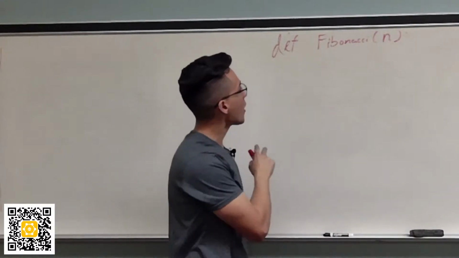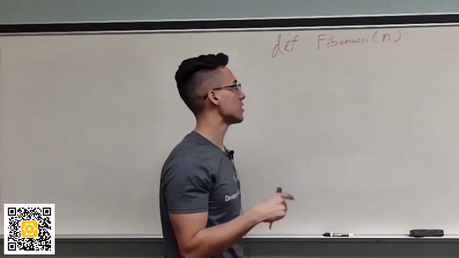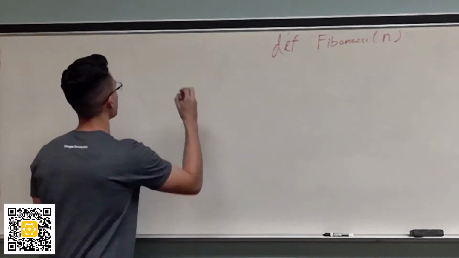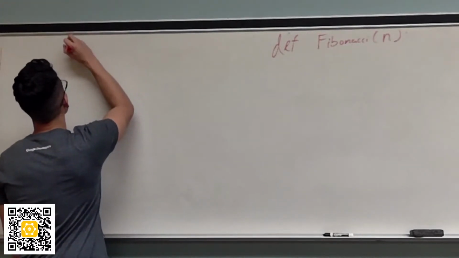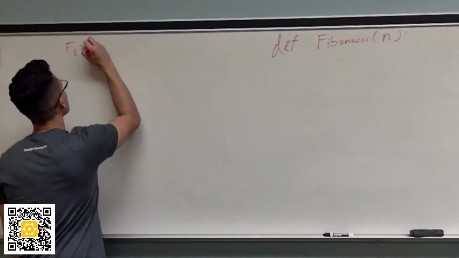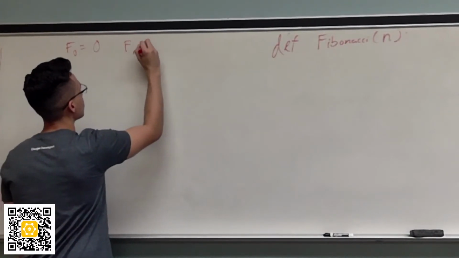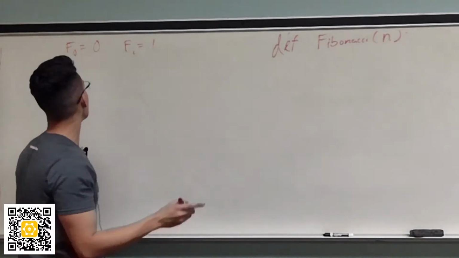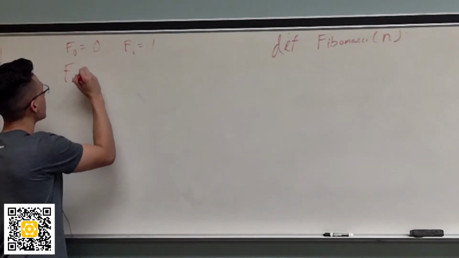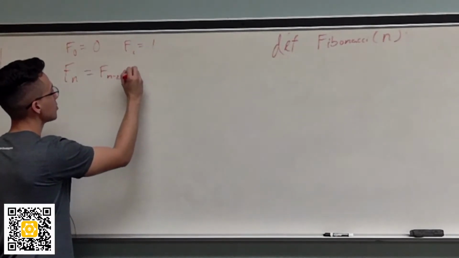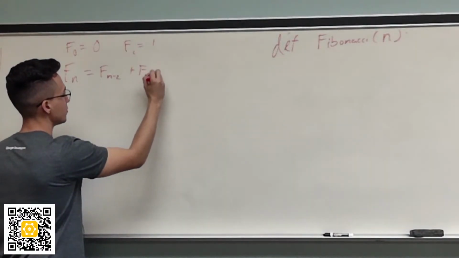Before I actually make the function, I wanna say that the Fibonacci sequence goes like this. It's like a list: f0 equals 0, f1 equals 1, and f of n equals f of n minus 2 plus f of n minus 1.